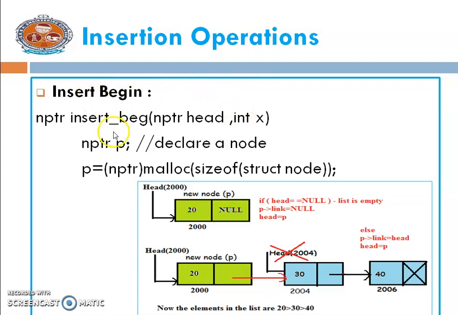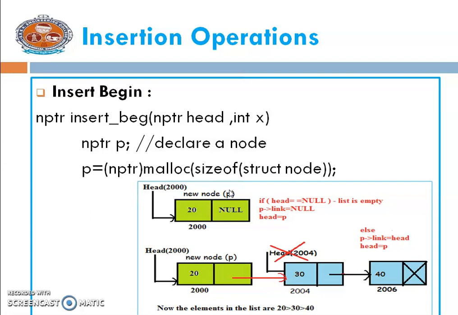To declare a node, p is of type nptr, and we have allocated some memory using the malloc function, which is a memory allocation function, of size struct node. After creating a node, store the data passed as an argument, that is x, in the data part of the newly created node.